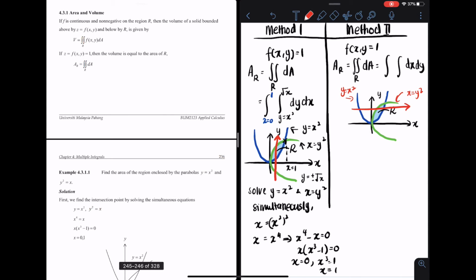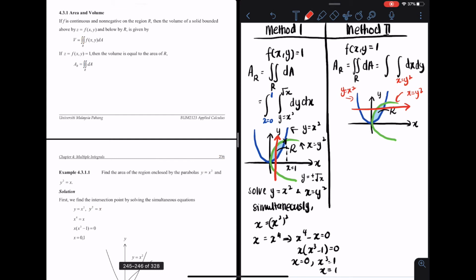Right now, the lower limit with respect to variable x can be represented by x is equal to y squared. And right after the red arrow touches the green parabola, it will touch the blue parabola, which is represented by y is equal to x squared.